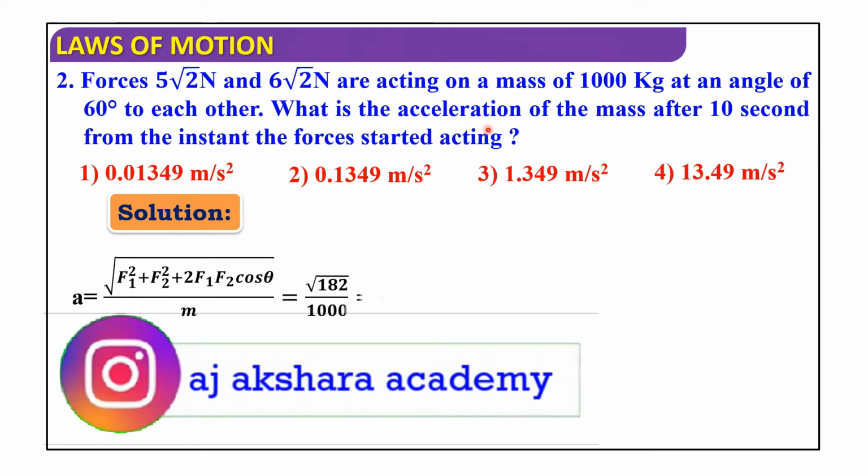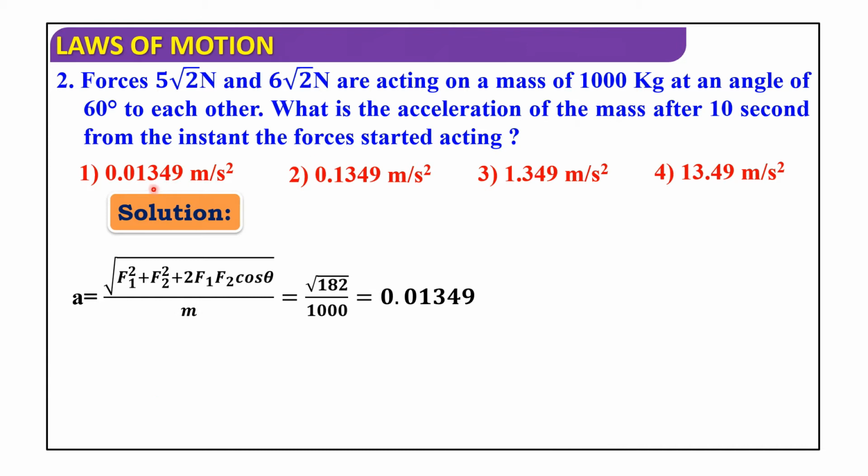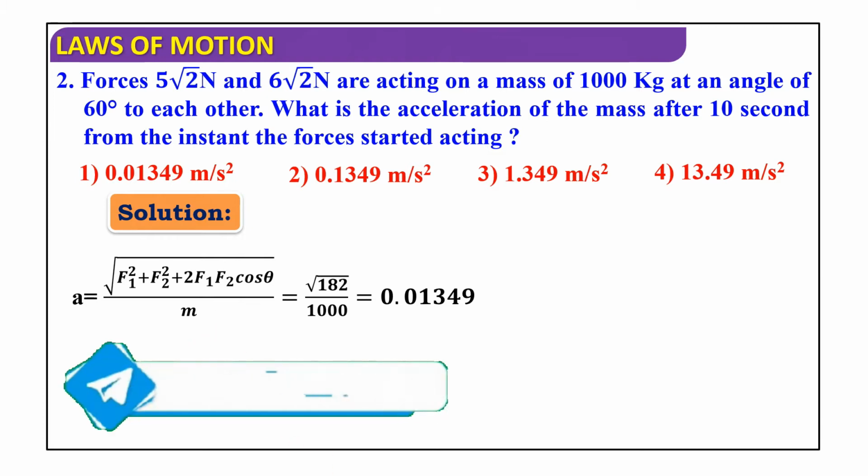Here we are finding the acceleration. They gave the two forces, the mass, and the angle 60 degrees. So A is equal to square root of F1 square plus F2 square plus 2 F1 F2 cos theta, divided by m.